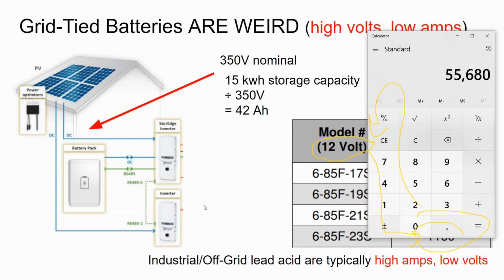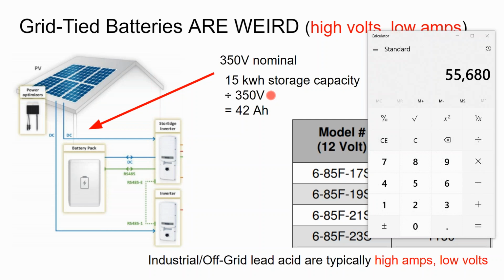And so the most popular eye-catching Tesla Powerwall SolarEdge battery systems are based on high voltage batteries, and that means they can't really use lead acid. They're really designed to be around lithium ion.